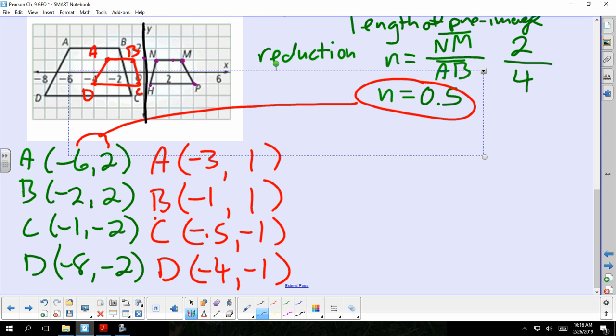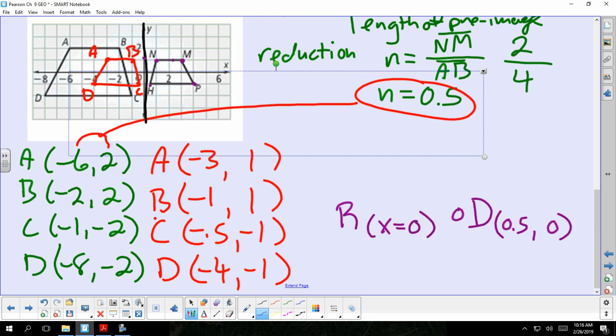We're going to write that as follows. So we first dilated, right? And we said the scale factor was 0.5. And we dilated that about the origin with a composition of a reflection across the y-axis, which is the equation of line x equals 0.